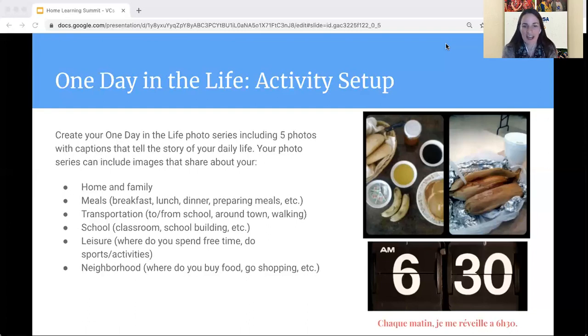And then around town or their neighborhood, there's a market where they go to buy food, any sort of visuals that tell the life outside of the home in the community. So the preparation for this is getting some photos and thinking about what represents the day-to-day life, and preparing those in advance.